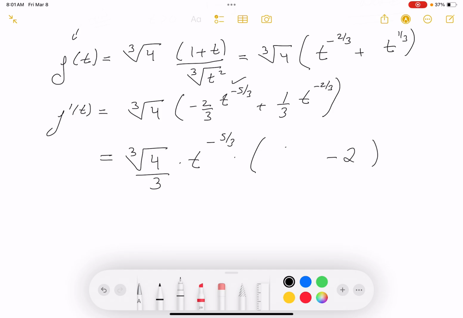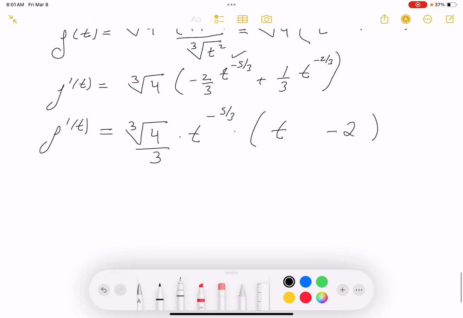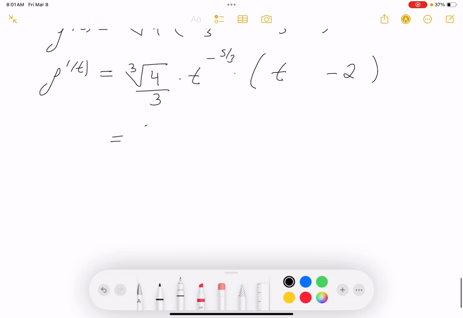I think it's going to get t, right? There's t to the first power. That's 3/3 minus 5/3 would be minus 2/3. So this derivative didn't turn out too bad. Now, if you want to rewrite this a little differently, you can. You can write it as a cube root of 4, t minus 2, and the bottom is going to be t to the 5/3, by the way.